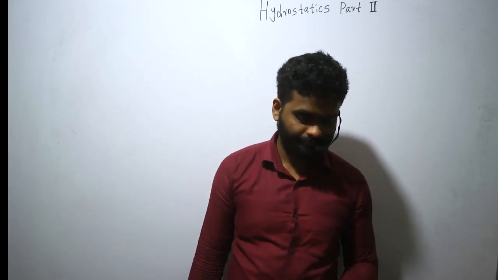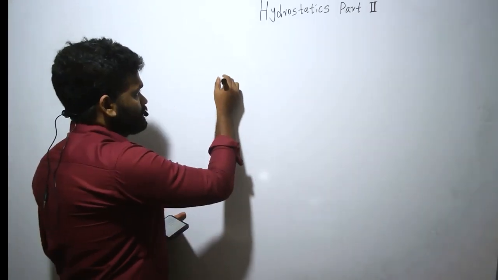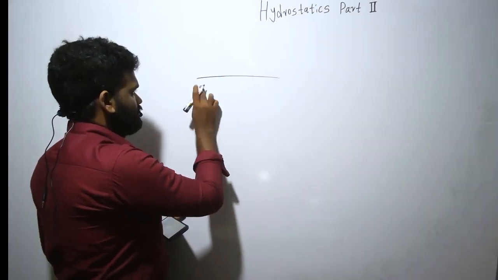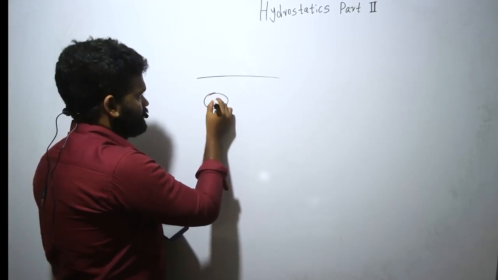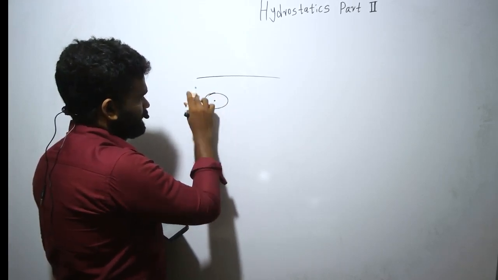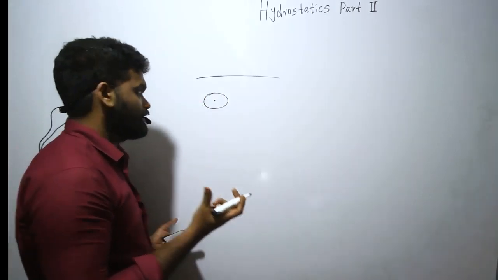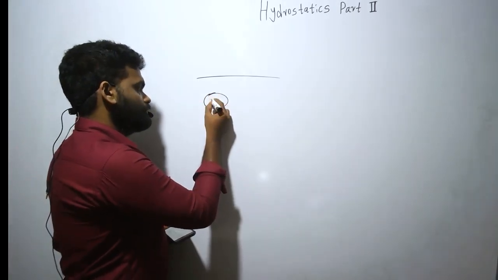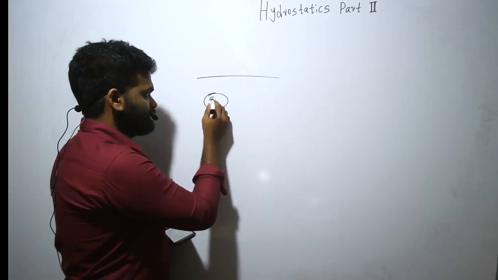Okay. So let's take an object. I'll just give you a quick reminder of what center of buoyancy is. So if you have an object that is fully immersed, and if, let's say, a uniform object, like a spherical shape, the center of gravity is right at the center, right?